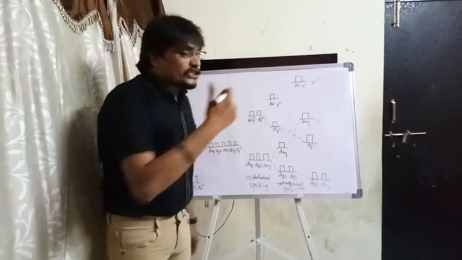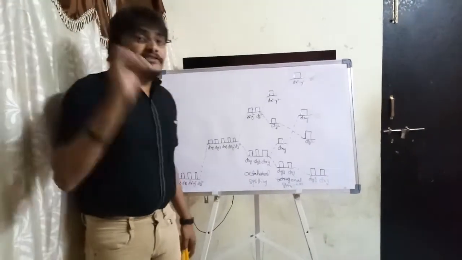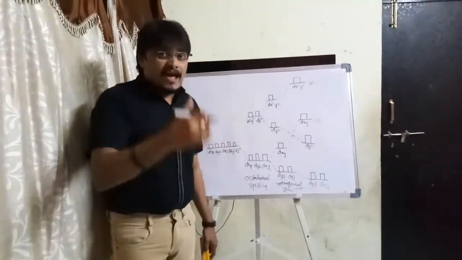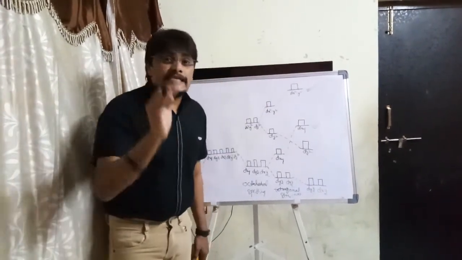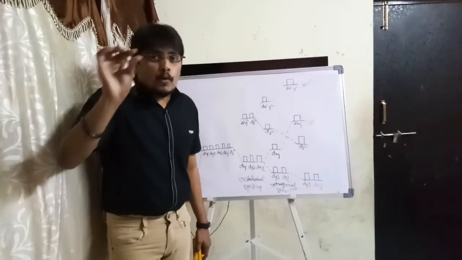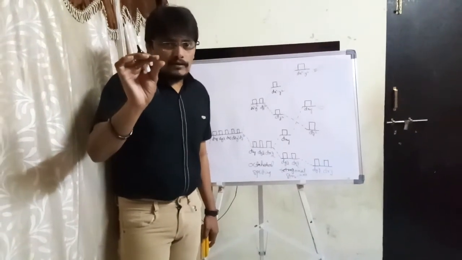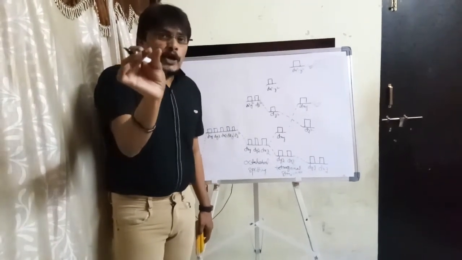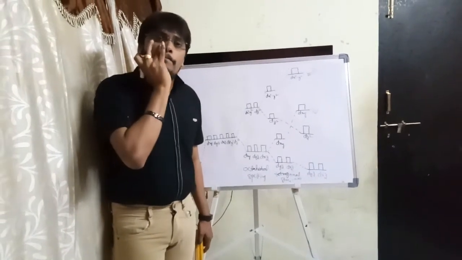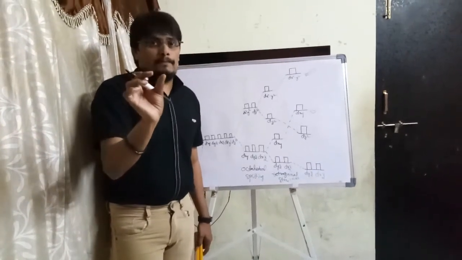Now coming to the next one. 3 are left. Out of the 3, which occupies the next level with respect to dxy? That is dz square, because the back lobe of the dz square d orbital is in between the x and y axis. So the electrons on the ligand will have an impact on the dz square d orbital.